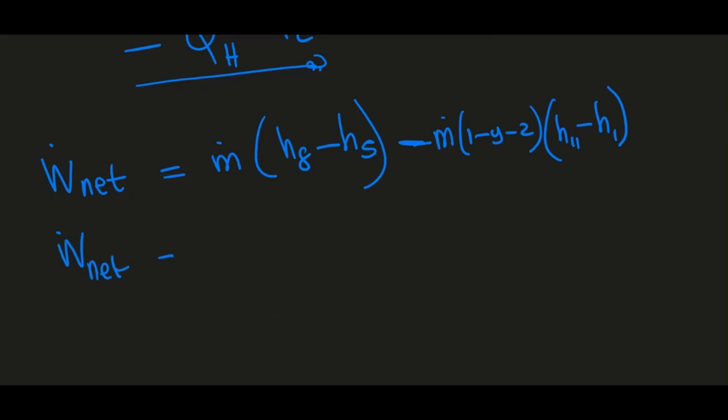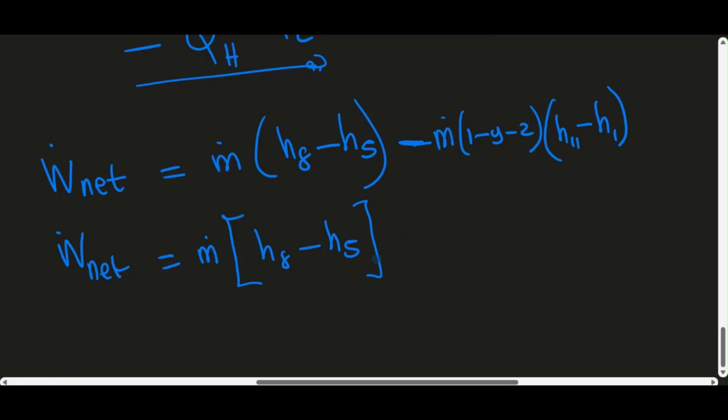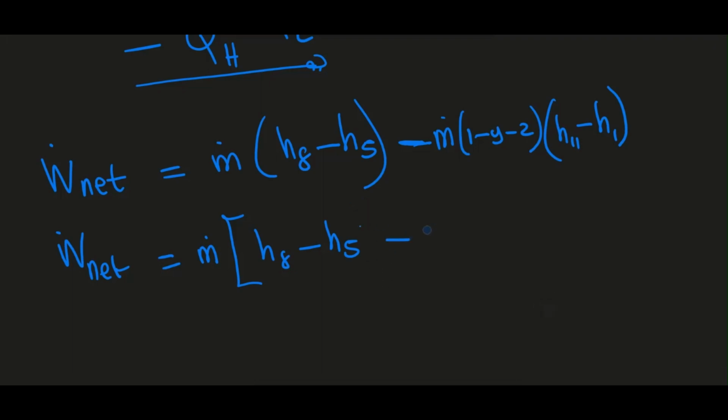You can simplify this to m dot times H8 minus H5 minus 1 minus y minus z multiplied by H11 minus H1.